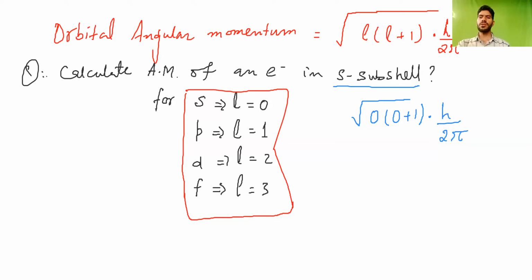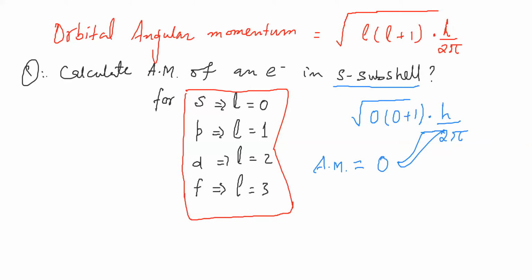So everything becomes 0. You have to remember that the angular momentum for an electron in S subshell will be 0. This is asked most of the time, so remember that the angular momentum of an electron is 0 when it is in the S subshell. Got it?